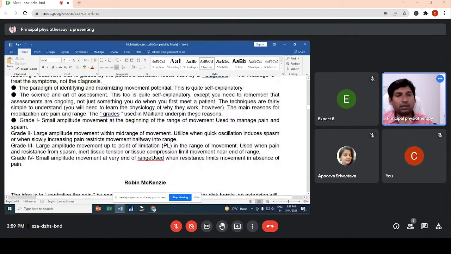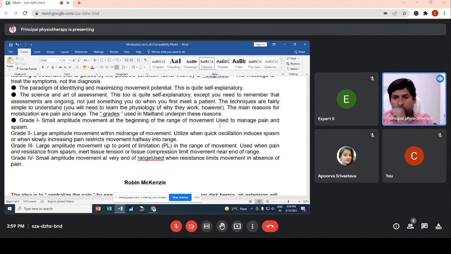Grade 1 is defined as a small amplitude movement at the beginning of the range of movement used to manage pain and spasm. This is grade 1. Grade 2 is large amplitude movement within the mid range of the movement.